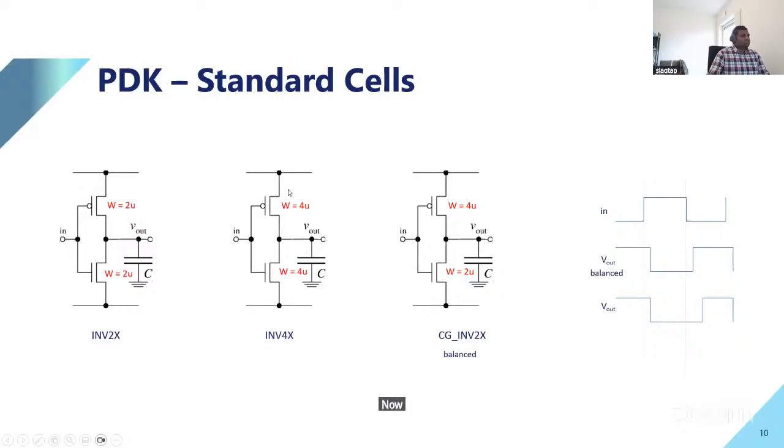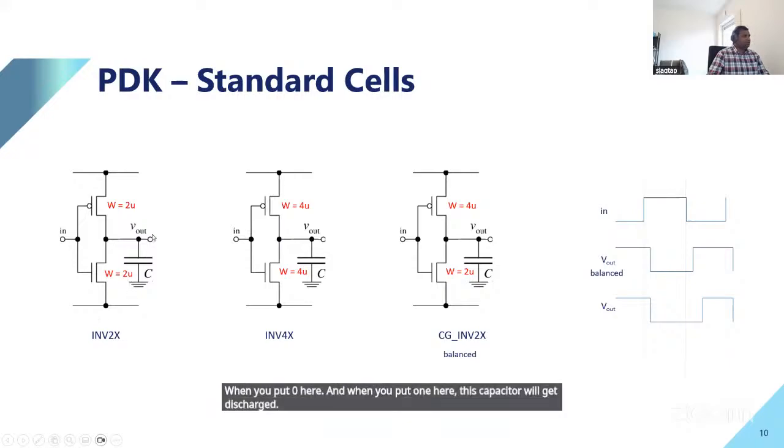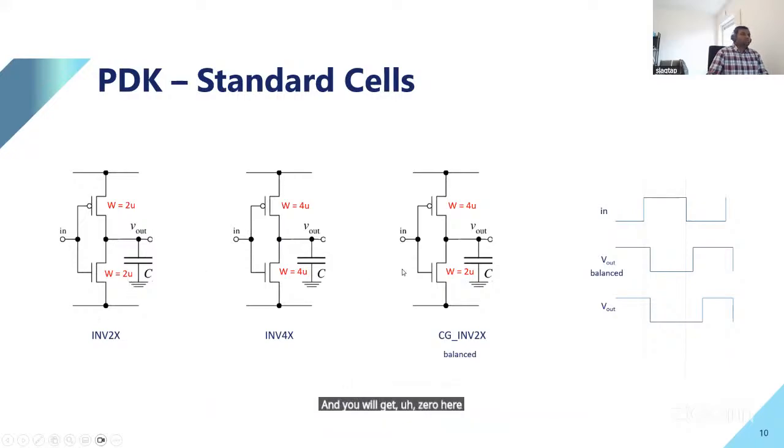Now, if we talk about CMOS, you have a pull-up network. The PMOS is the pull-up network, where this capacitor gets charged when you put 0 here, and when you put 1 here, this capacitor gets discharged and you get 0 here. Sometimes, especially for clock, we need balanced cells.